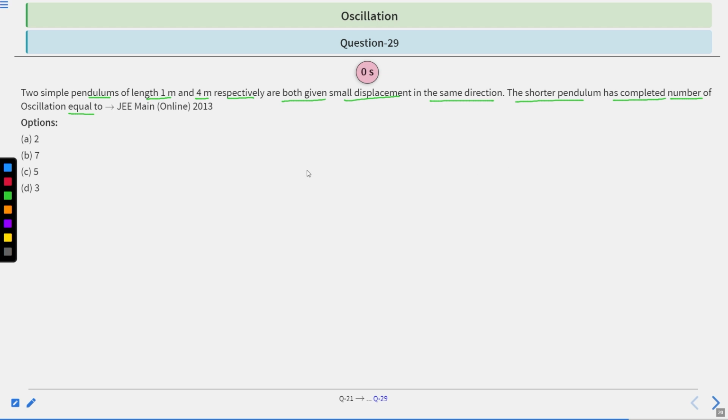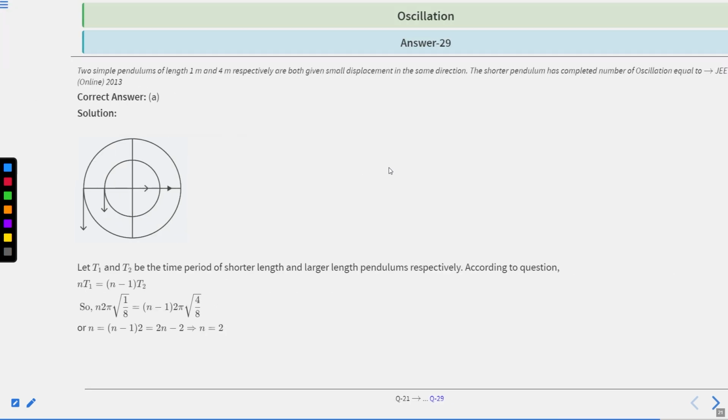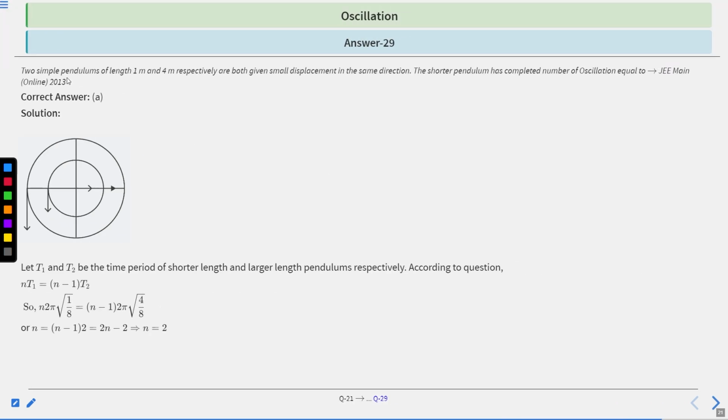Let's find the solution. According to the question, two pendulums of length 1 meter and 4 meter respectively. Suppose the first pendulum has length 1 meter, and the second one is 4 meter.